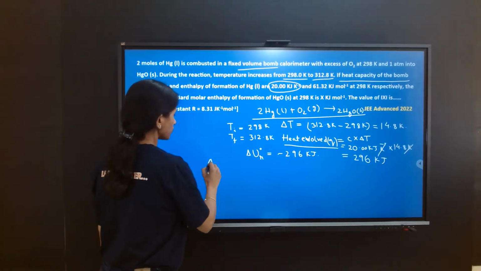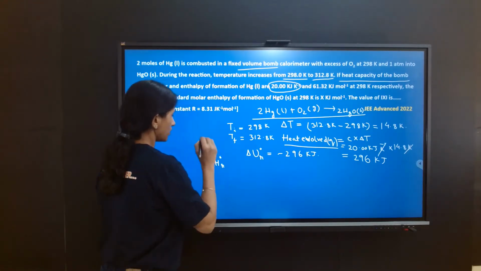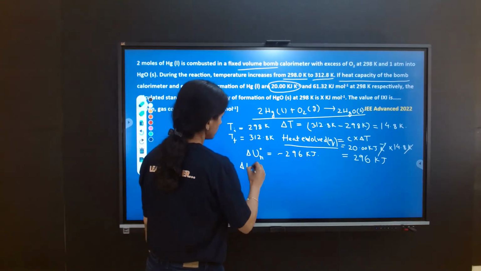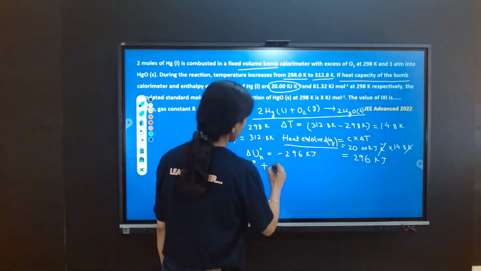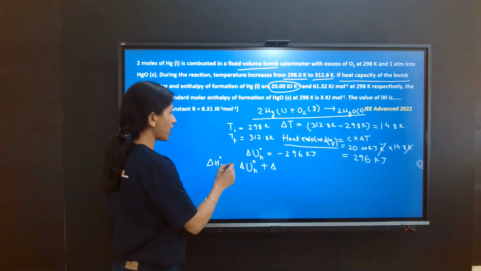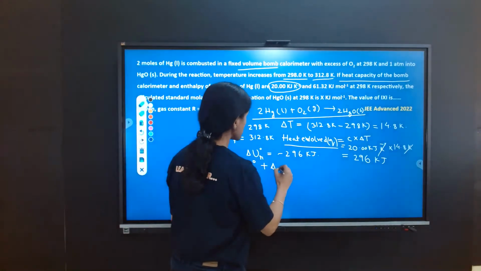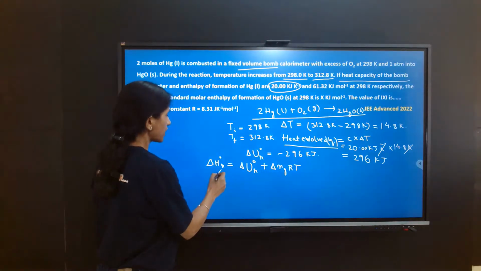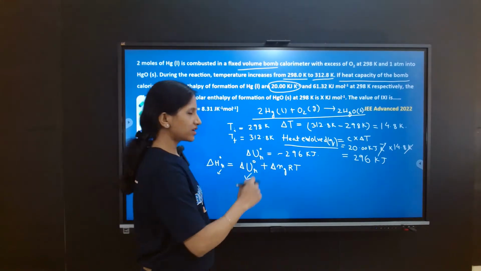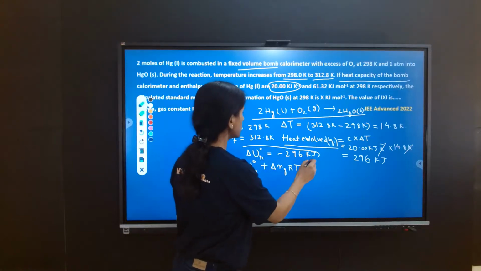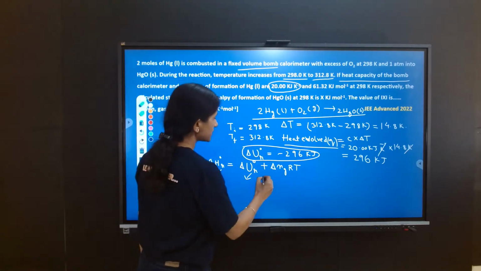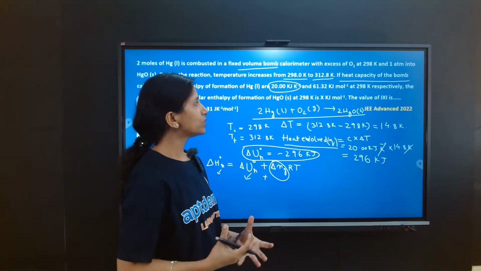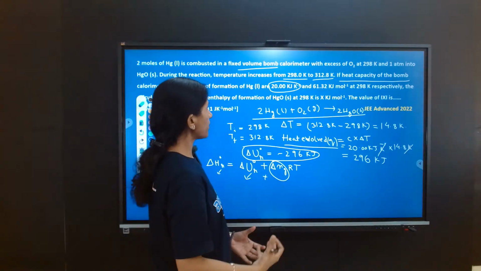Also, this enthalpy of reaction can be related to delta U of reaction by the following equation: delta H of reaction is equal to delta U of reaction plus delta n g RT, where delta U is the heat energy which we have calculated as minus 296 kilojoule, and this delta n g is the change in the number of gaseous moles during the combustion reaction.